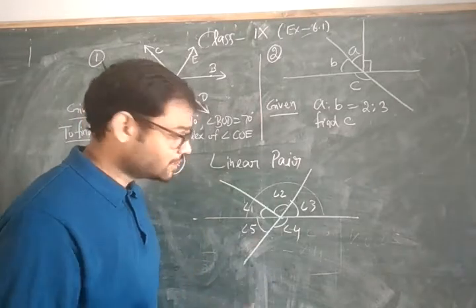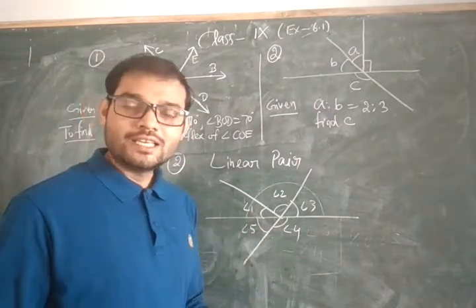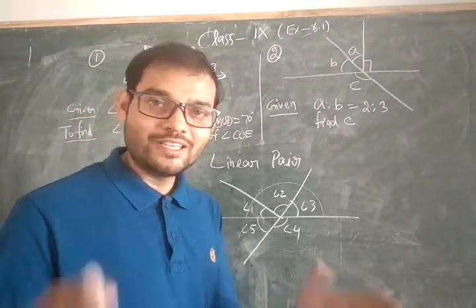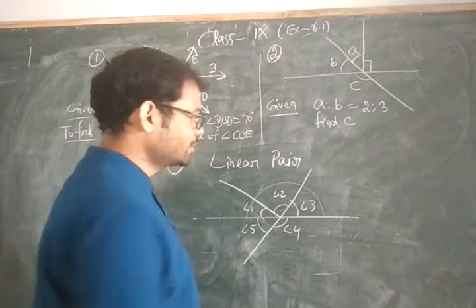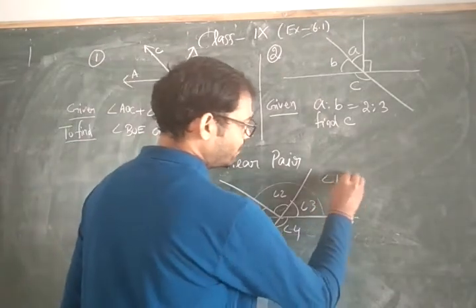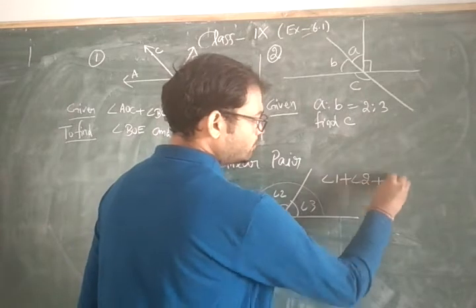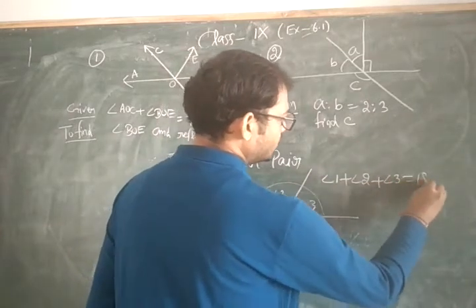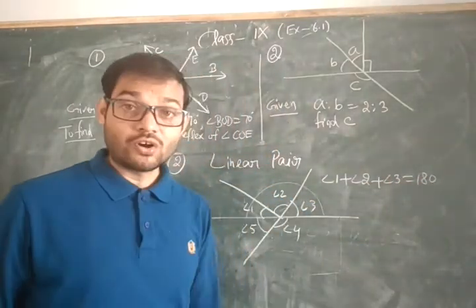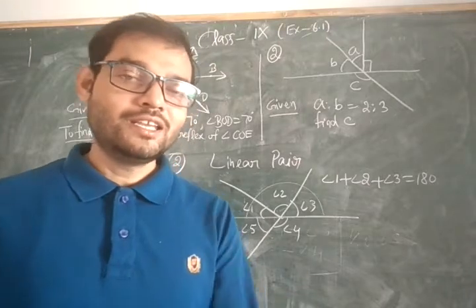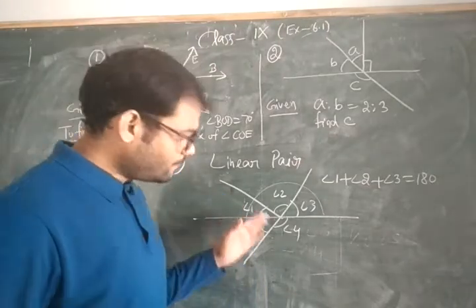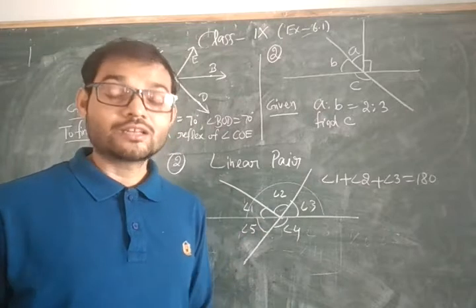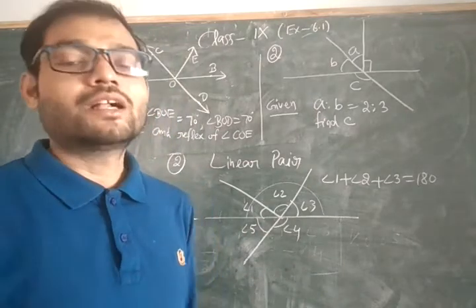So in this case you can say these are linear pairs. You can write that angle 1 plus angle 2 plus angle 3 is equal to 180 because these are linear pairs.